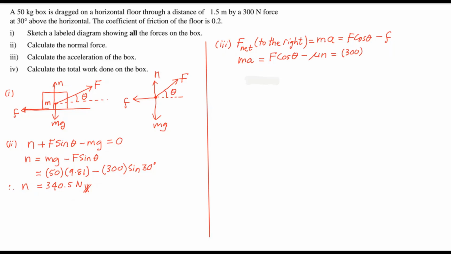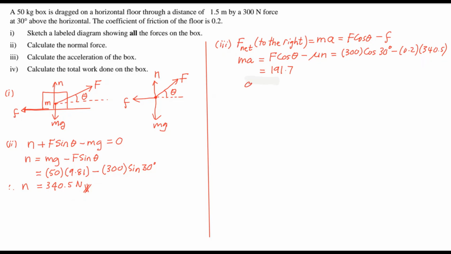Therefore, that's equal to 300 cosine 30 degrees minus mu N, 0.2 multiplied by 340.5. This equals 191.7.